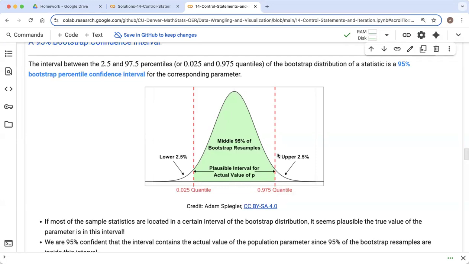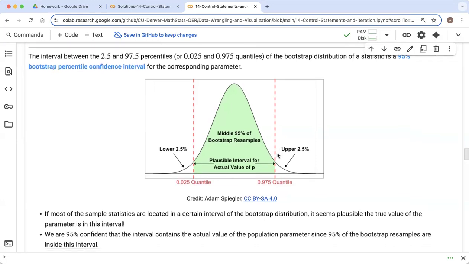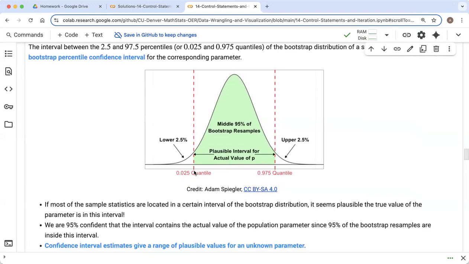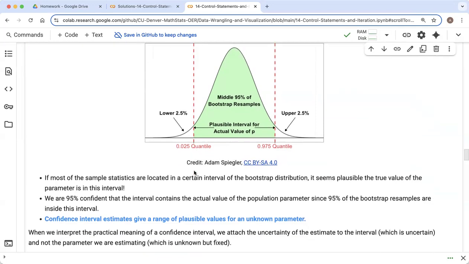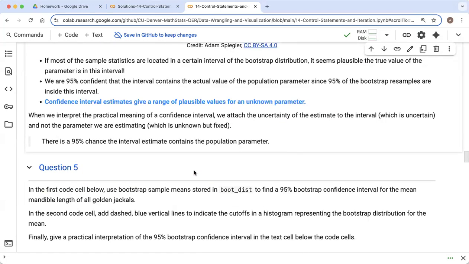So once I have my bootstrap distribution, I just want to pull off the quantiles corresponding to the cutoffs for my confidence interval. And in the end, we get an interval. And that interval just gives us a range of plausible values for an unknown population parameter.